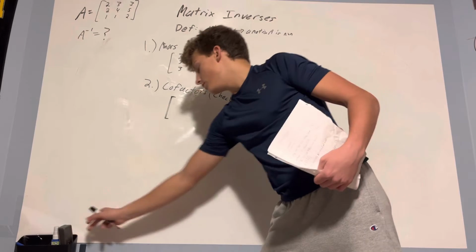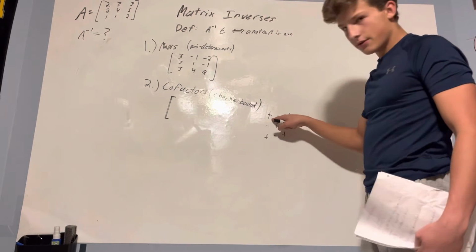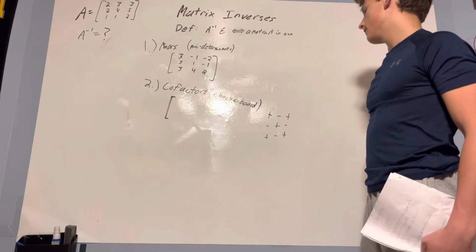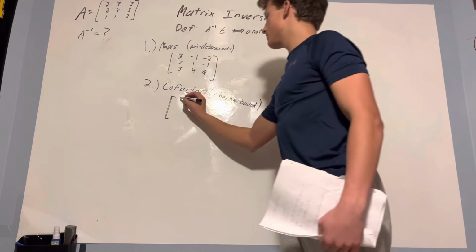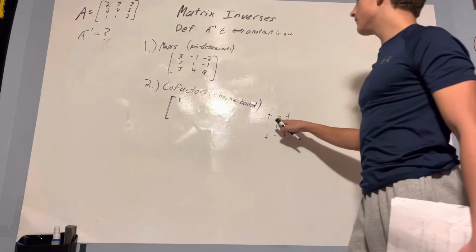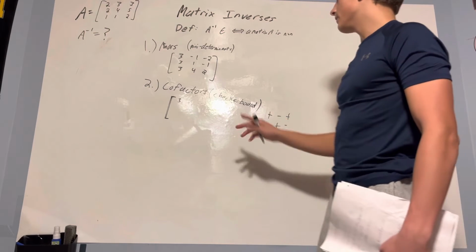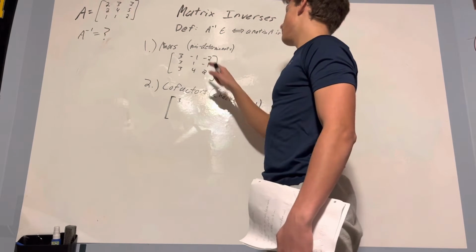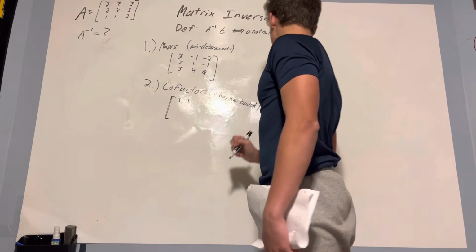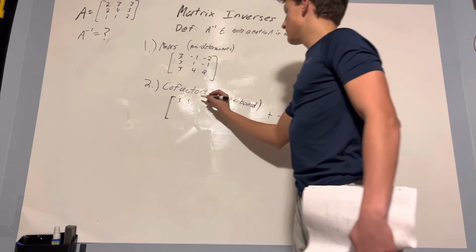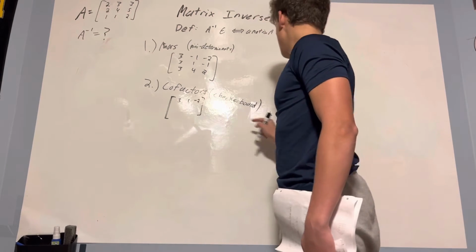And here, what you do is that if you have a positive there, you keep the sign that it is. So if it's positive, it's going to be 3. If it's negative, that means you flip the sign. It doesn't mean that it's negative necessarily. Like here, it's the negative of negative 1. So it's just going to be 1. And then here it's positive, so the sign stays the same. So it's still negative 2. Here it's negative.